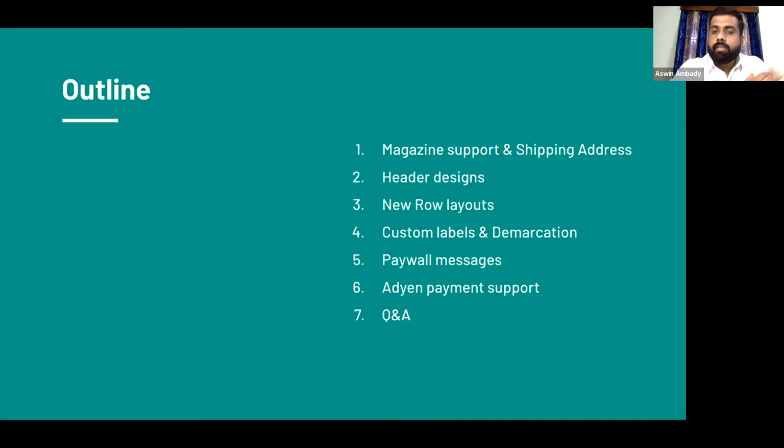Then we started testing new header designs, and brought in a new header altogether. Then, to bring in some diversity to the front end itself, we have doubled the number of layouts available on PageBuilder. Then, to connect more with front-end users, we have brought in the concept of custom labels and demarcation. Then again, customization around Paywall messages, and we started supporting the Adyen Payment Gateway.